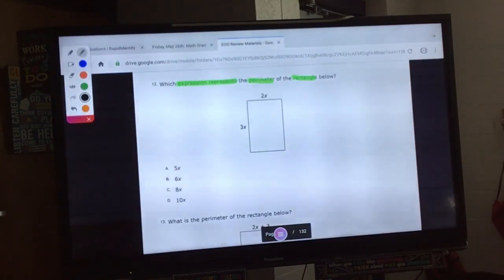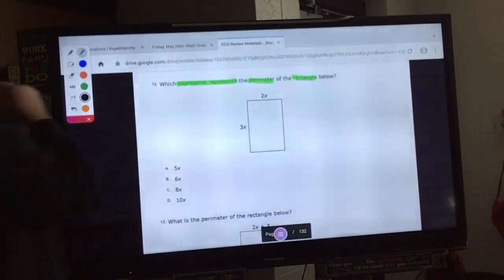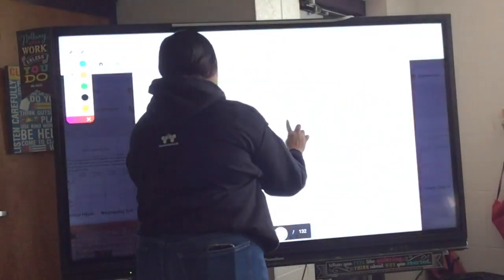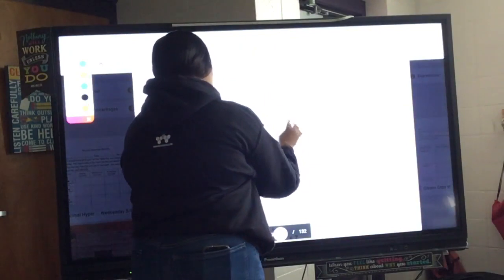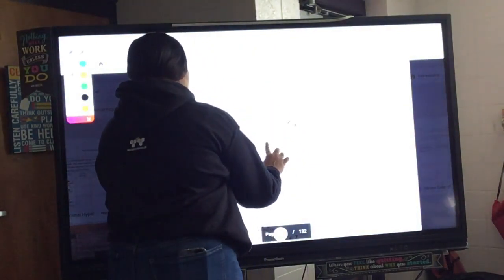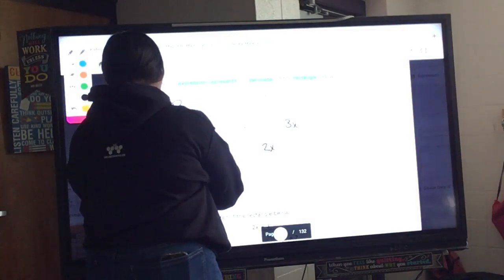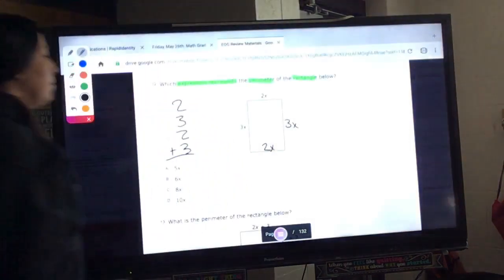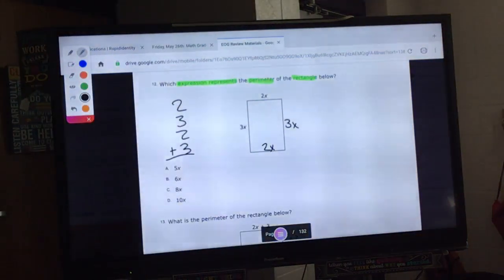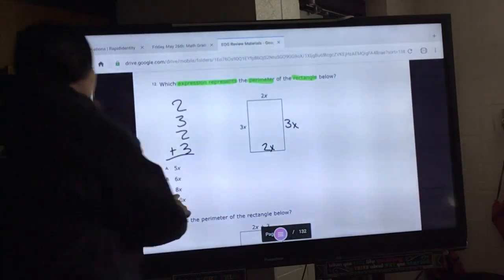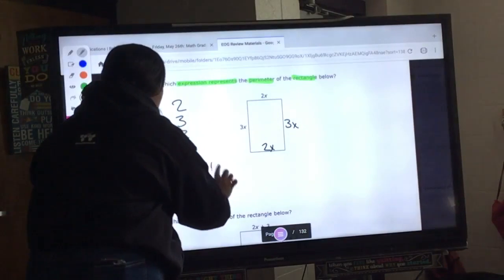Levi. So Levi, if this side is 3x, what do I know about this side? And if this side is 2x, what do I know about this side? So 2, 3, 2, 3. What does that give me? It's 2 plus 3 plus 2 plus 3. So my answer is 10x.